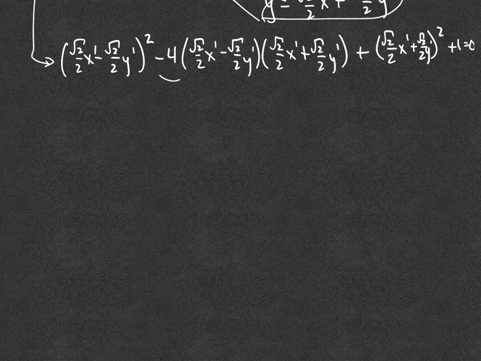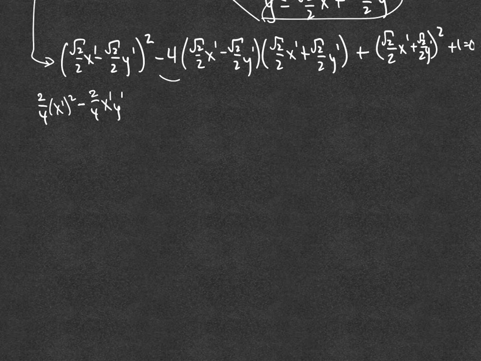A binomial squared is going to be the first term squared. So that's the square root of 2 over 2 x prime squared, which will be 2/4 x prime squared. Then the first term times the second term times 2. So that's going to be minus 2/4 x prime y prime.